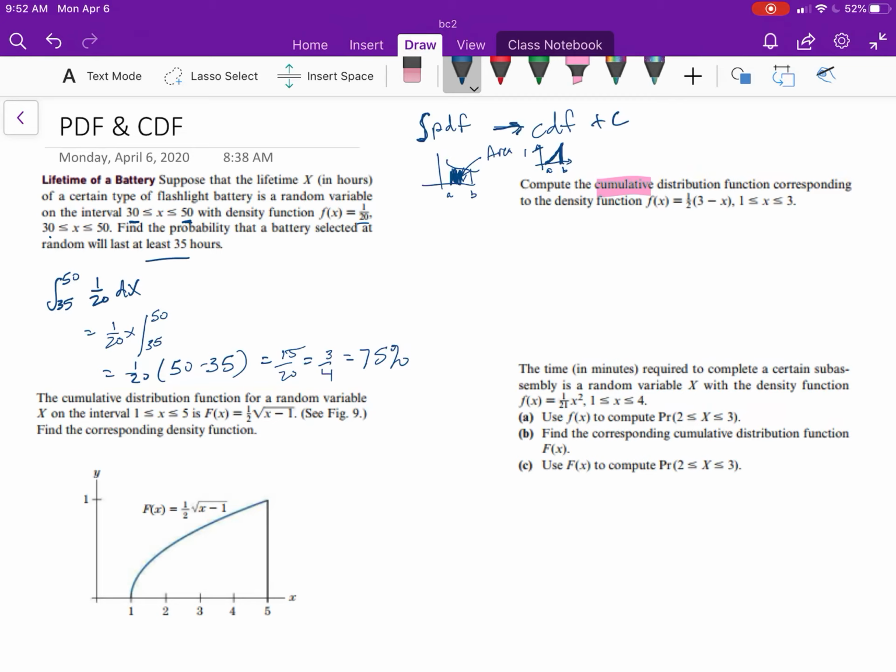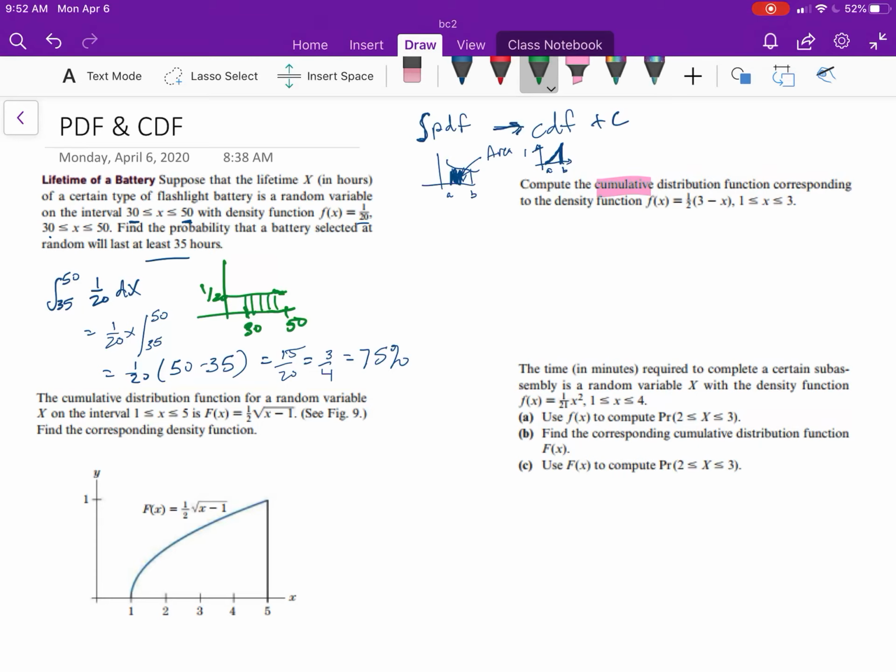I want to do a quick sketch here. 1/20th is just a horizontal line, and we have the interval from 30 to 50. So the probability at each of these is always 1/20th.